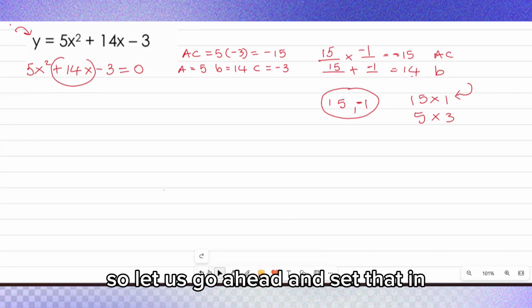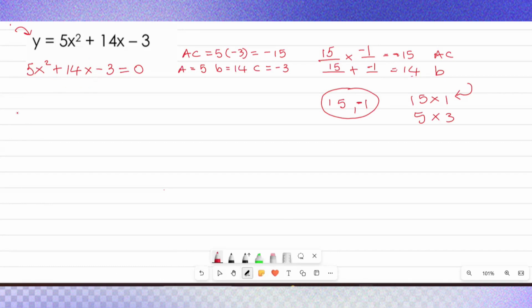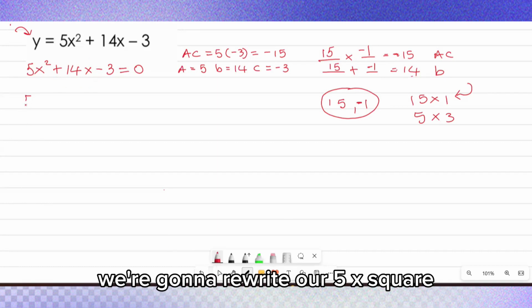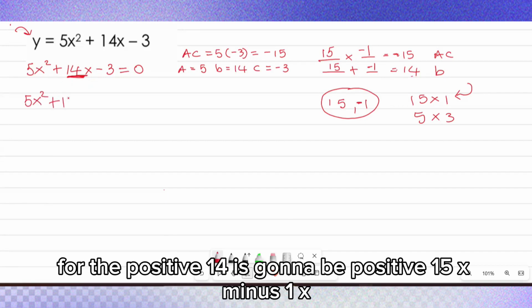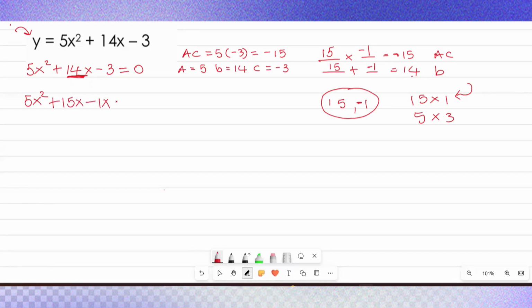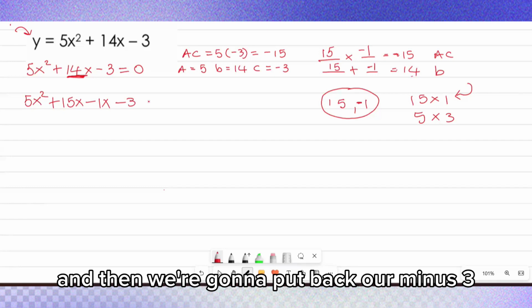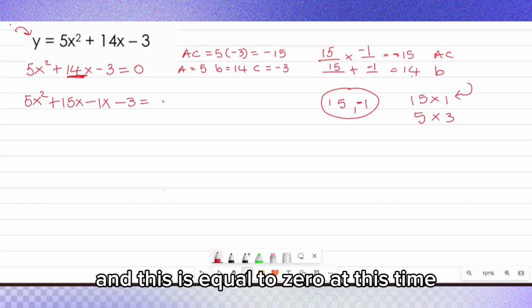Let us go ahead and set that in. We're going to rewrite our 5x squared, and then for the +14 substitute +15x minus 1x. And then we're going to put back our -3, and this is equal to 0.